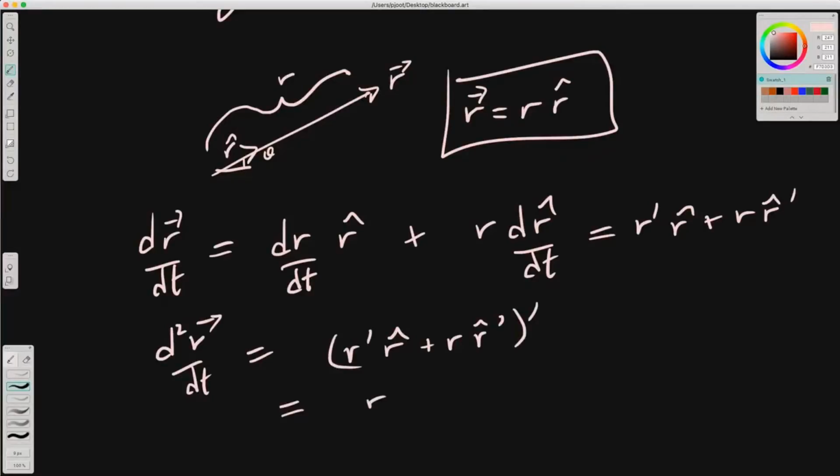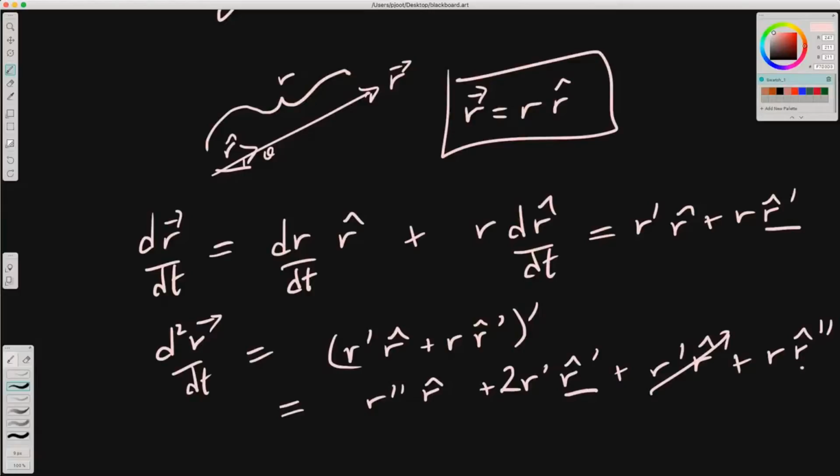So we have r double prime r hat plus r prime r hat prime plus, taking derivatives here, r prime r hat prime again plus r r hat double prime. So we have two of these terms. Now, we want to give a specific meaning to the unit vector derivatives. So let's figure out what those are.